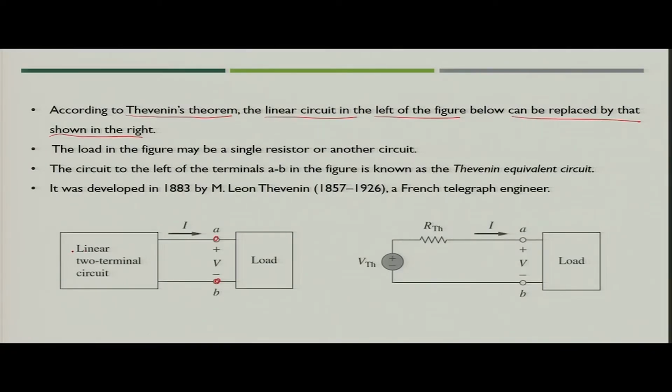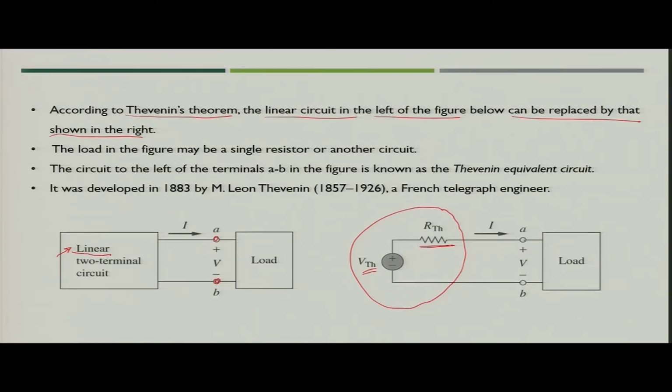You have to keep in mind that Thevenin's theorem works well when the circuit is linear. So, you will assume that the circuit outside your plug point is a linear circuit, and you will replace that segment with one equivalent circuit where you will have one voltage source and one resistance.